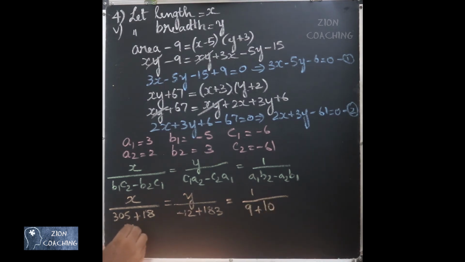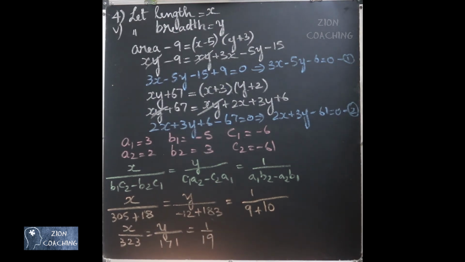So we are going to have x by, when you add this, you will get 323, equal to y by, when you subtract this, you will get 171, equal to 1 by 19. We will equate the x terms.